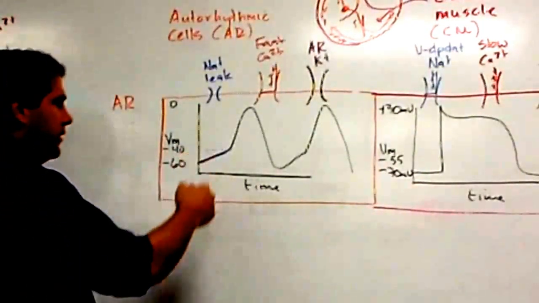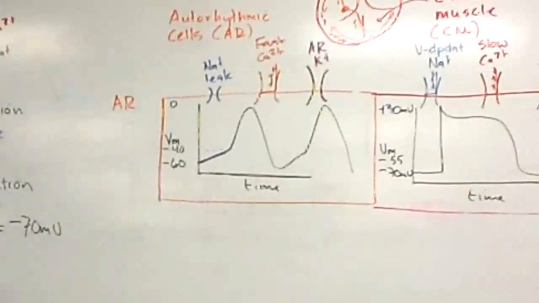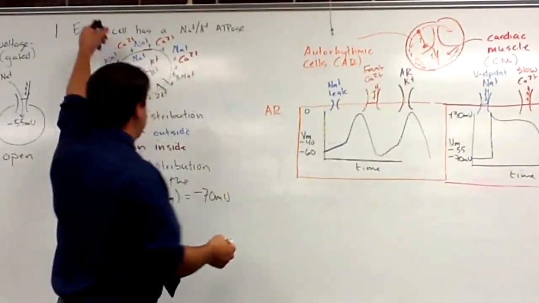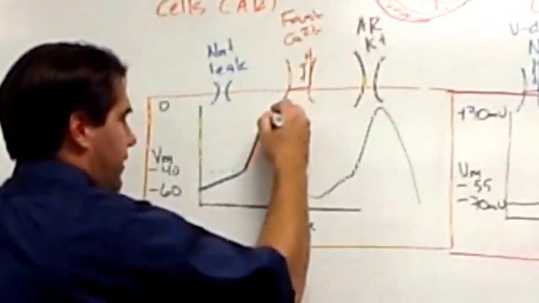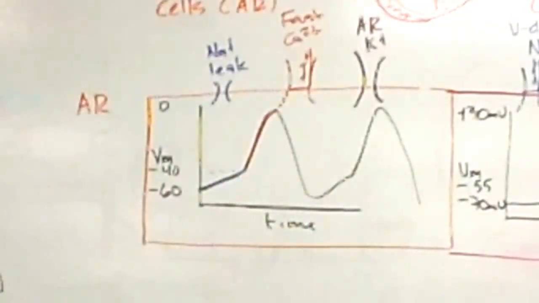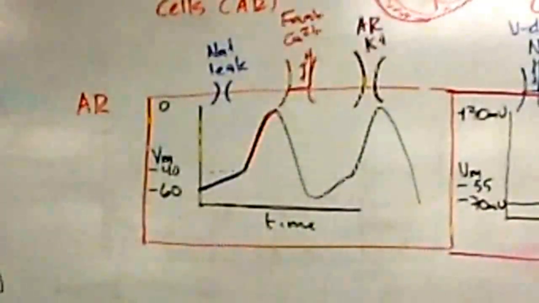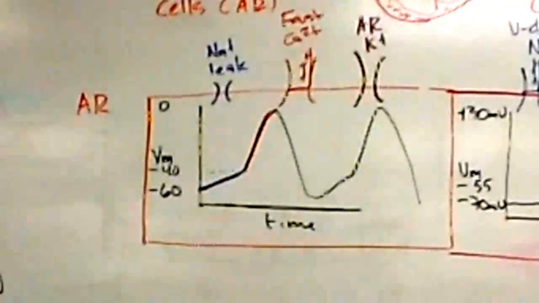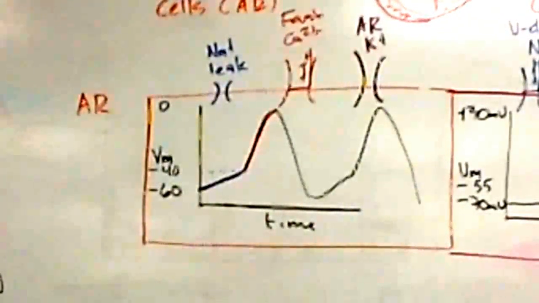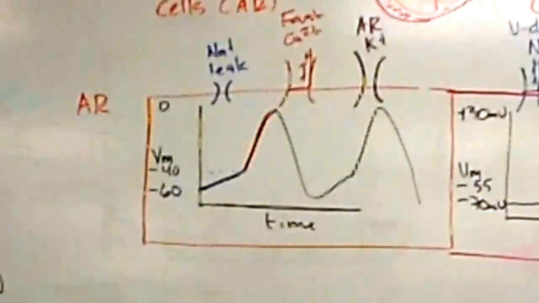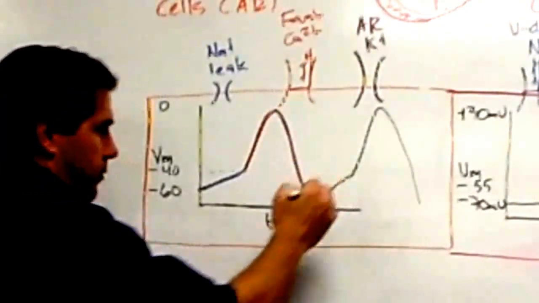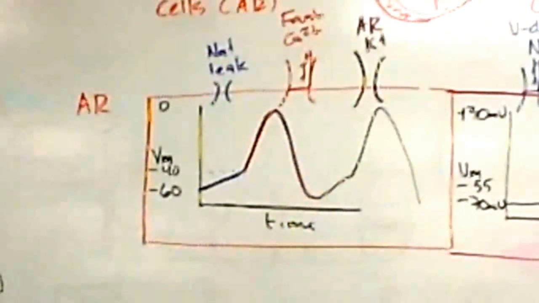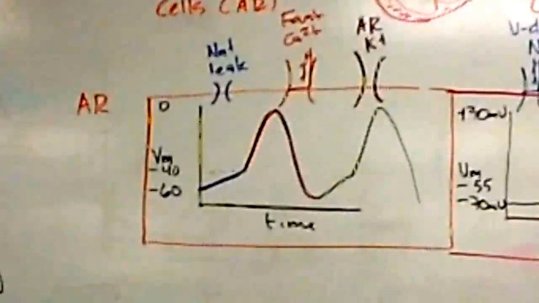At minus 40, the calcium channel says, that's when I should open. So a bunch of calcium goes into the cell, and it raises our voltage even faster. You get to 0 millivolts, and the potassium channel says, now it's my turn to open. Potassium rushes out of the cell and decreases our voltage back to our rest, which is minus 60.